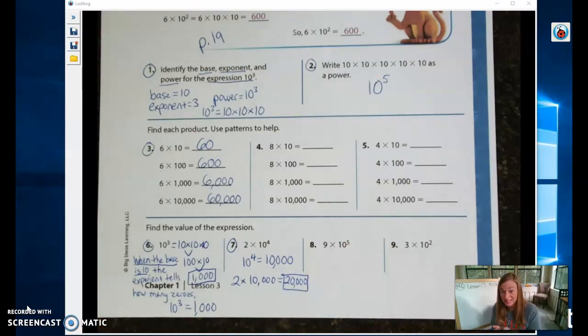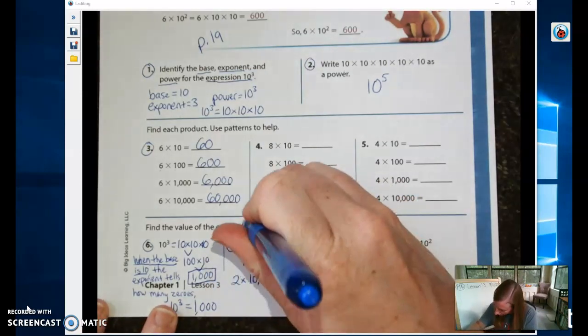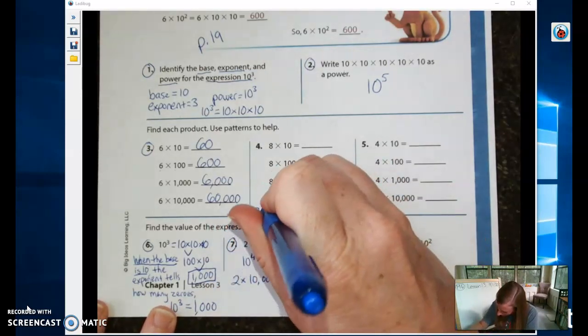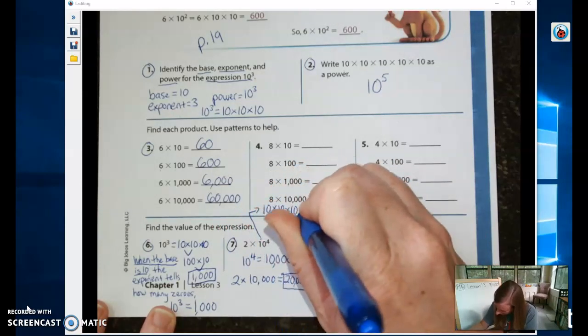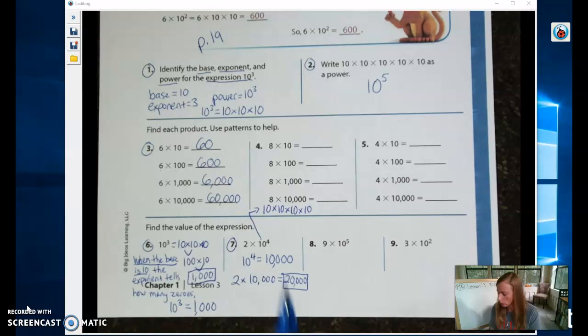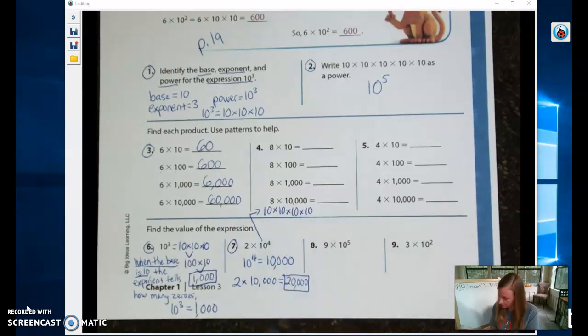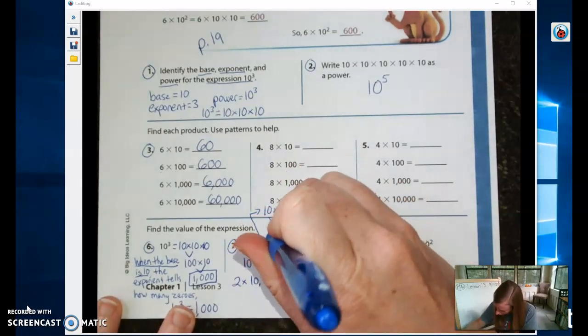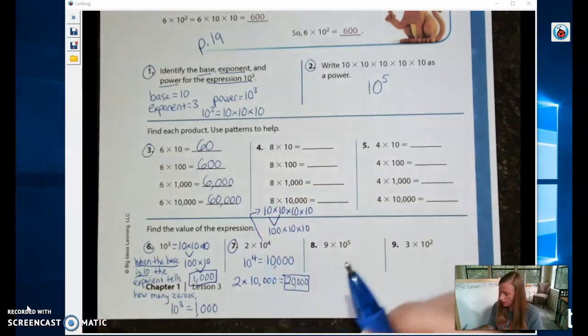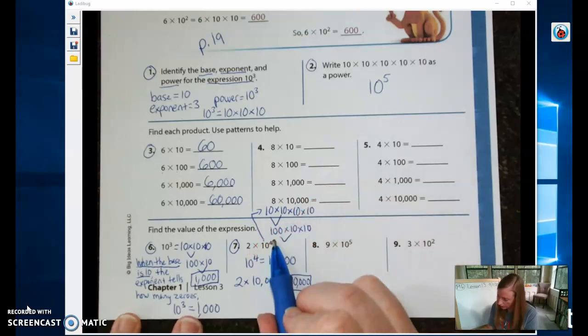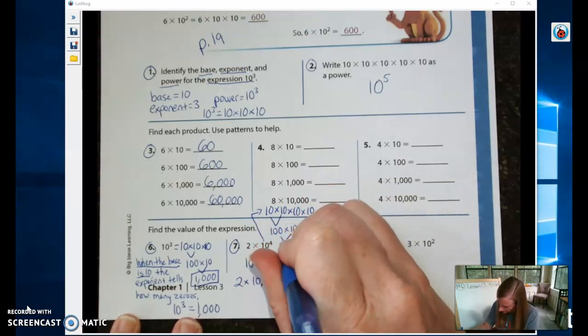All right, now would you like to see how I knew, just to double check that this trick works when the base is 10? Let's just make sure. So 10 to the power of 4, I'm going to come up here. 10 times 10 times 10 times 10. Okay? 1, 2, 3, 4 tens. 10 times 10 is 100, times 10 times 10. 100 times 10, we take our 100 and put one more 0.